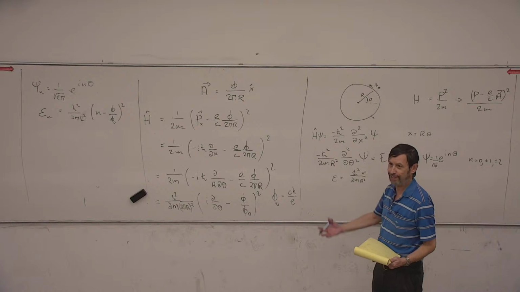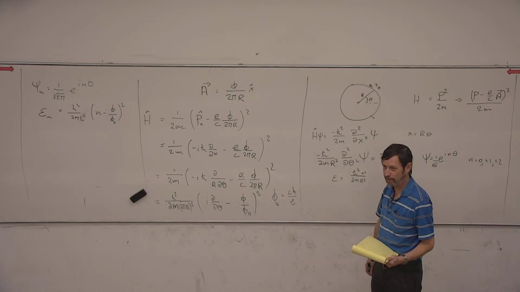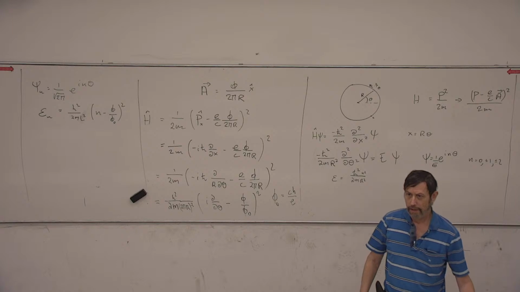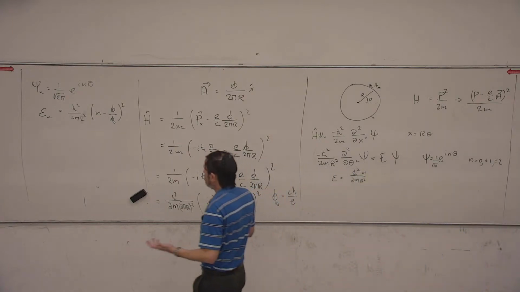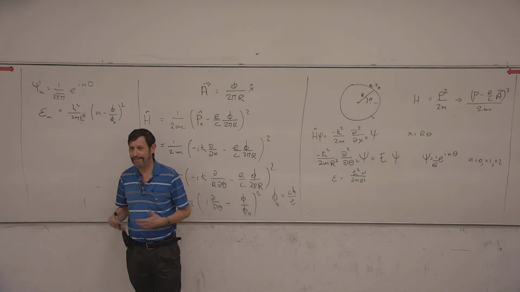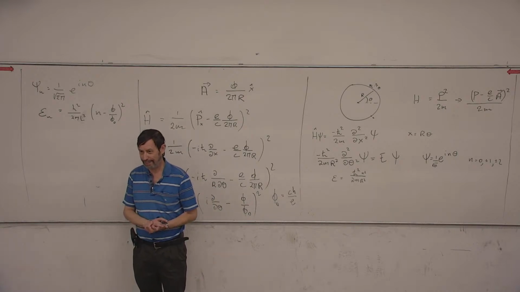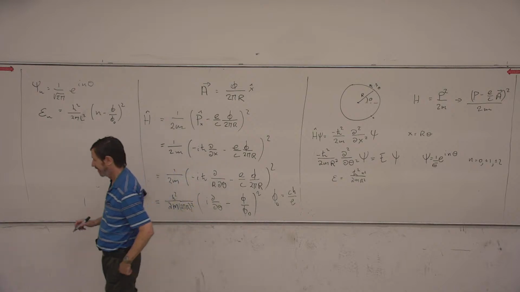So the wave function didn't change, but the energies did change. Okay, it seems we put in the flux and nothing much happened, right? No, something very important happened here.